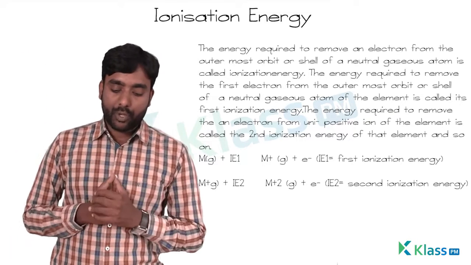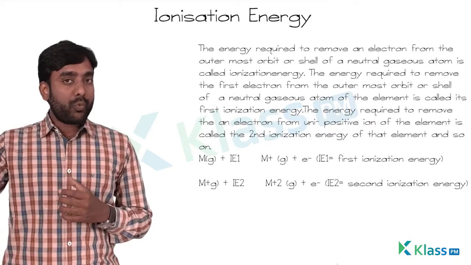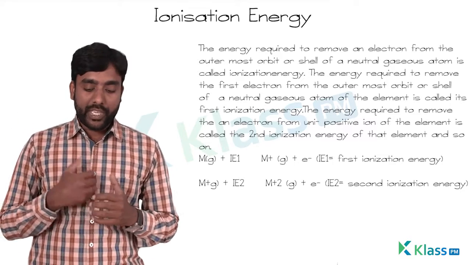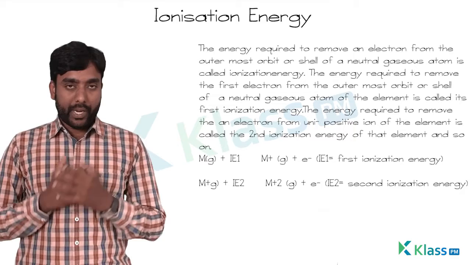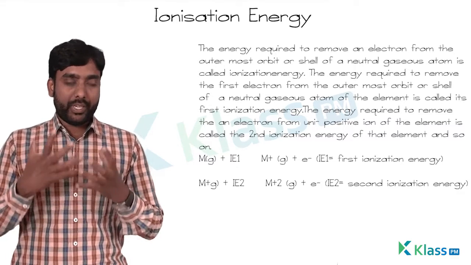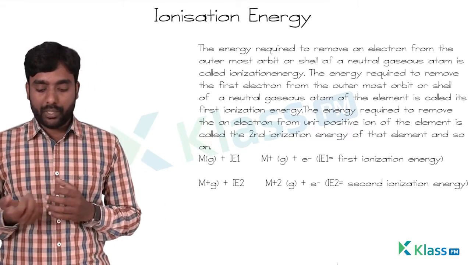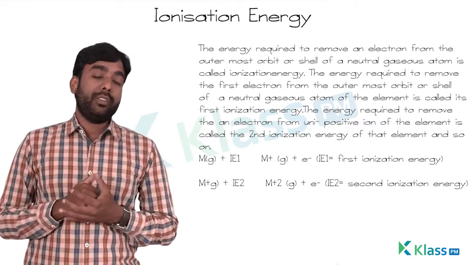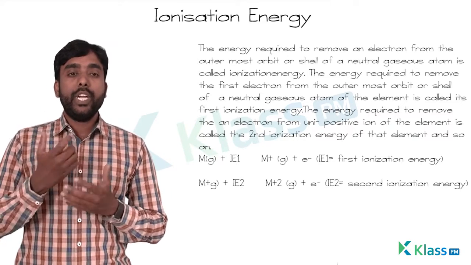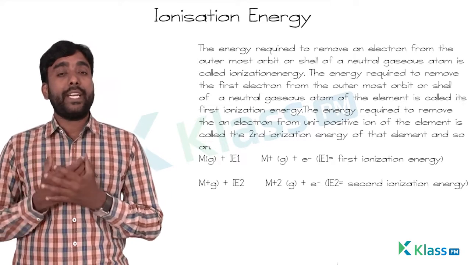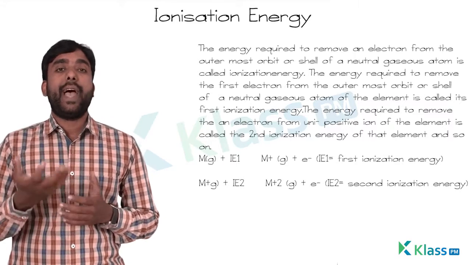If you take the example, to remove one electron from sodium, it was found experimentally that 495 kilojoules per mole of energy is required. But to remove the second electron, that is the 10th electron, from the sodium plus ion, you need 4581 kilojoules per mole of energy.